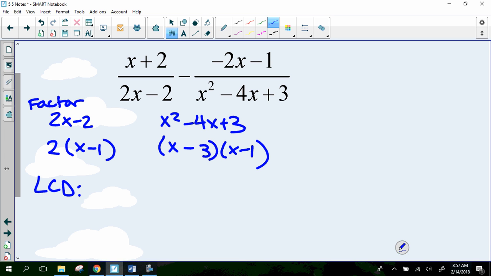Trying to find what's common. You need to account for everything so that we have the same things.